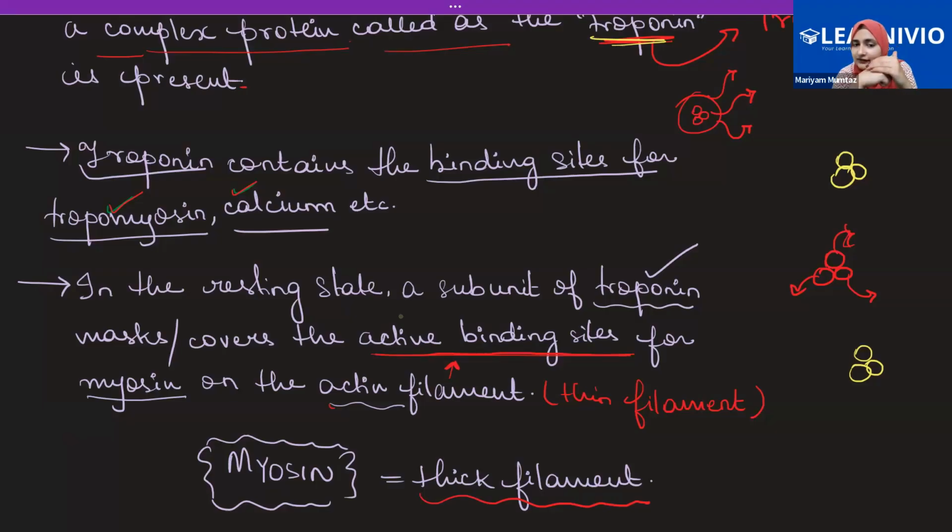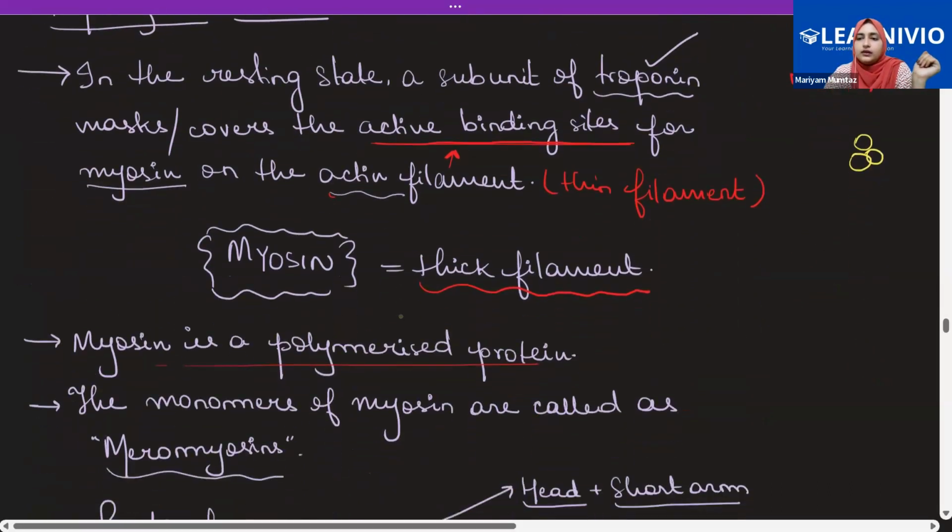So on the actin filament, there is a binding site for another contractile protein, which is myosin. But right now, the muscle is not contracting, so they don't have to bind. So there is a mask of troponin covering it. Clear? Understood? Yes, ma'am.